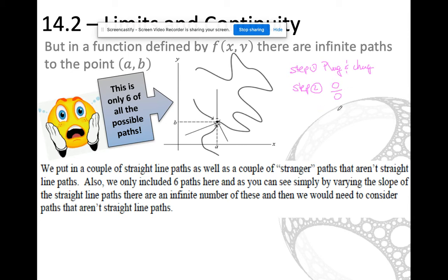But the issue is if you have 0 over 0. So if I have 0 over 0, we're going to examine a couple of straight paths. We're not going to worry about all these curvy paths. We're going to investigate a horizontal path, a vertical path, and then a diagonal path. And if we must, we'll do something beyond there.